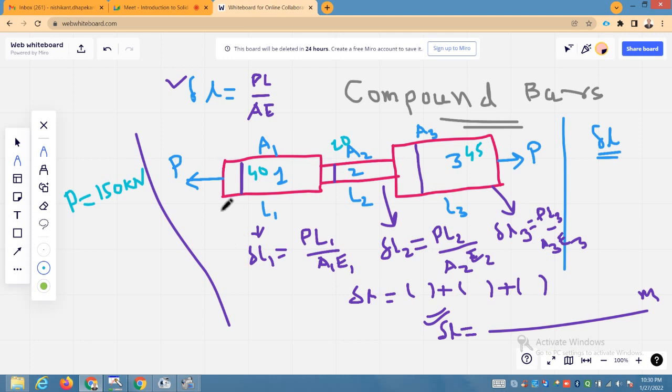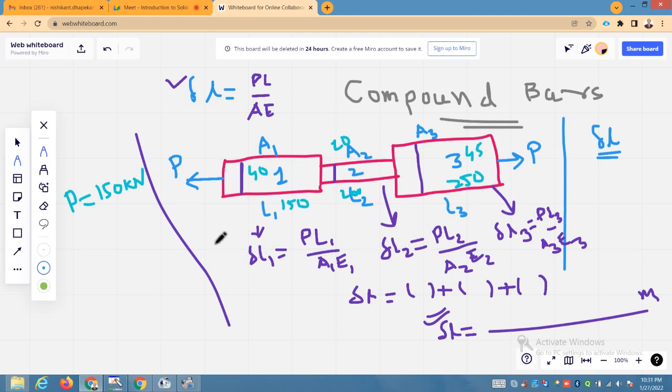Length, you assume that this section is of length 150 millimeters. You can take this as 200 millimeters. You assume this length as 250 millimeters. So in this case you have all the values.